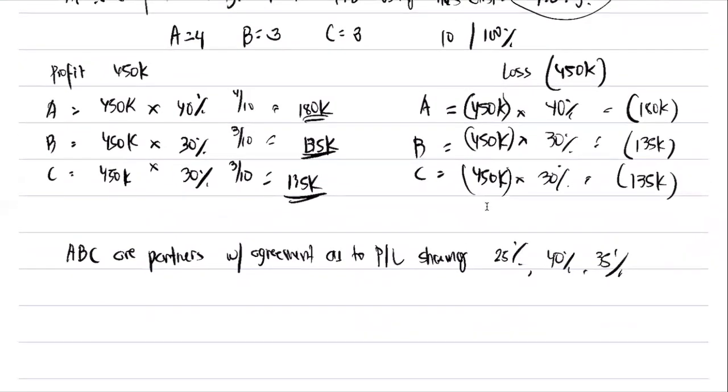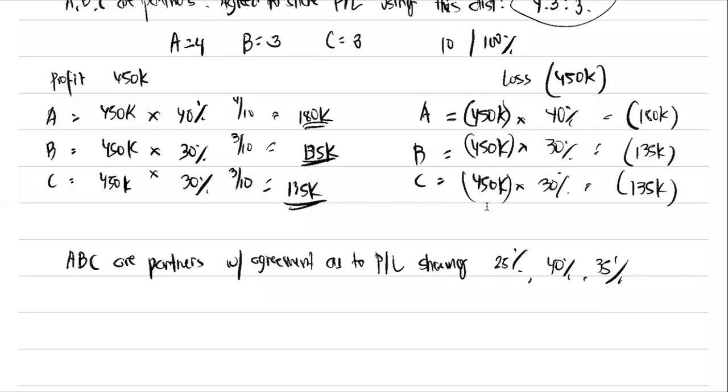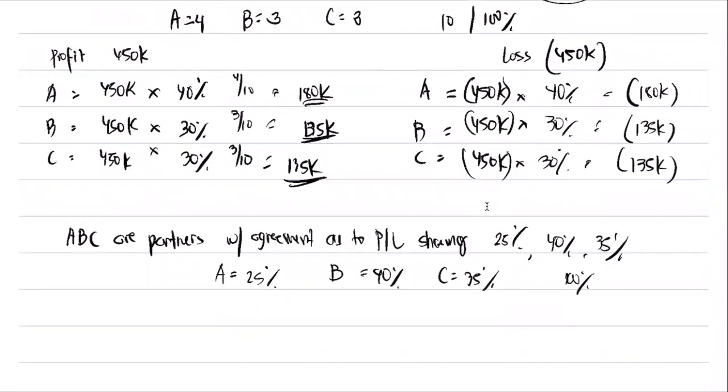So, halimbawa, yan yung sharing nila. So, ano yung percentage ni A? 25%. Ni B, 40%. Ni C, 35%. Kunin nyo muna yung total. So, 25 plus 40 plus 35 will give us 100%. So, no problem here. I-multiply mo lang siya directly.